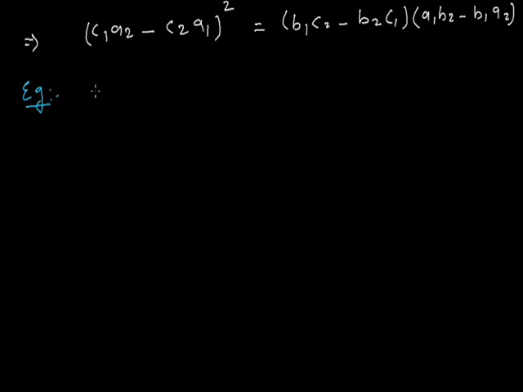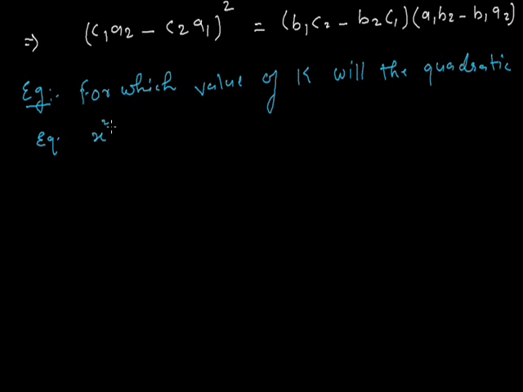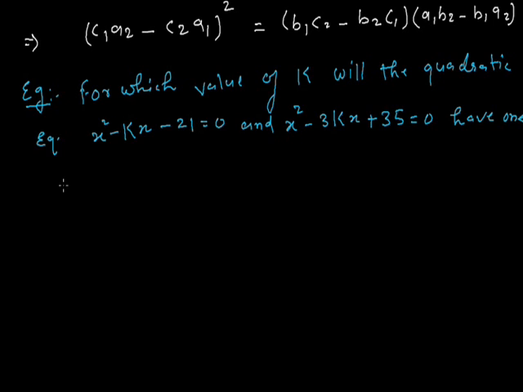Example: for which value of k will the quadratic equations x square minus kx minus 21 equal to 0 and x square minus 3kx plus 35 equal to 0 have one common root?